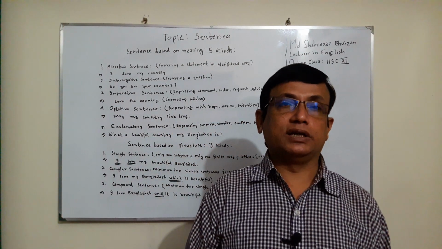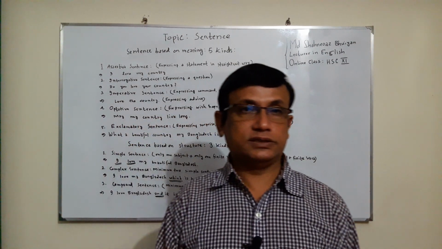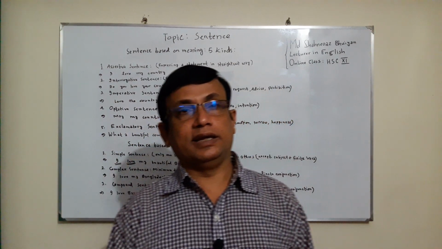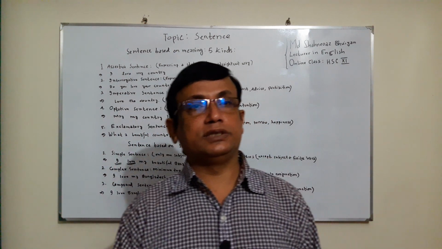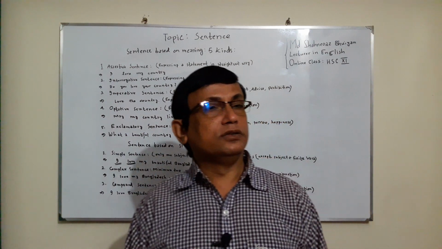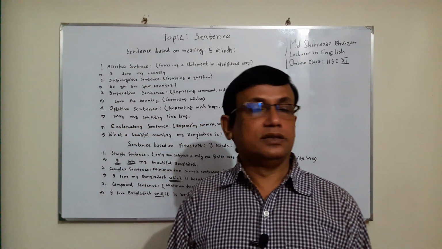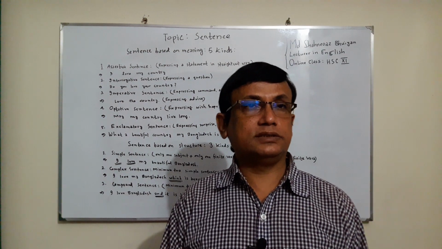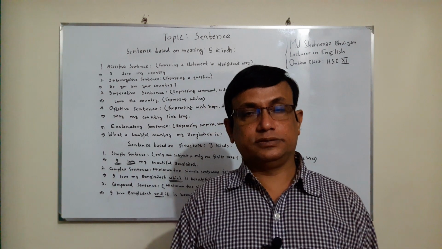Here, I love Bangladesh, it is beautiful, are two simple sentences, and is a conjunction, and this and joins the two sentences. Here these two sentences combined are called a compound sentence.